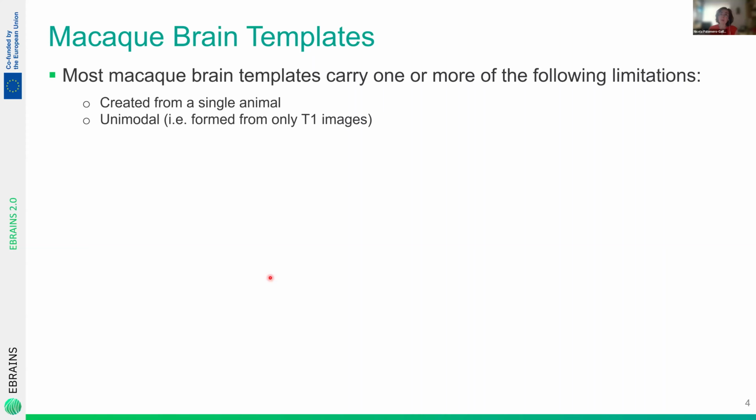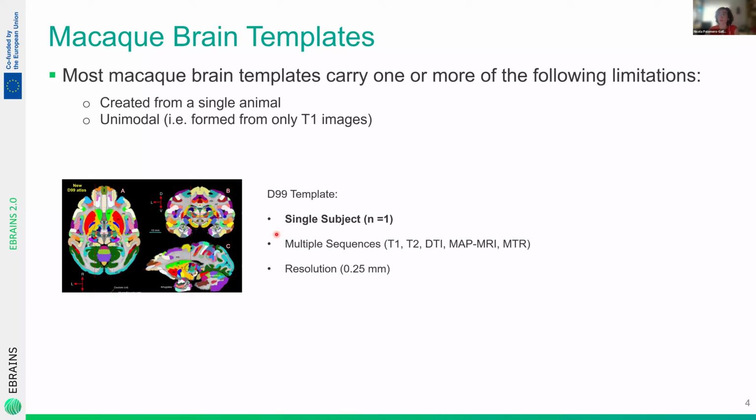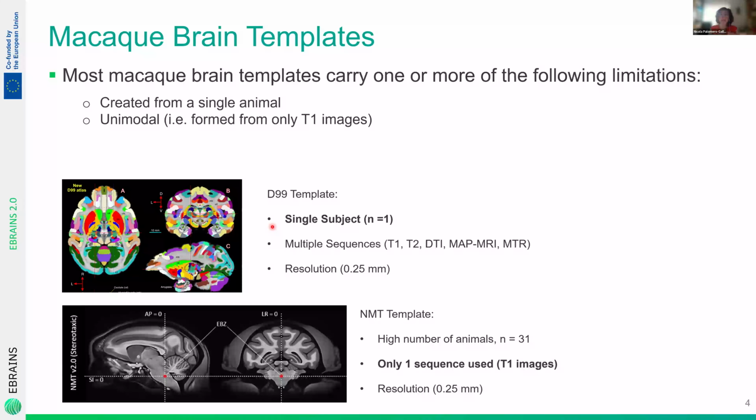But even the modern atlases, the ones that are now three-dimensional, show limitations because they're based either on a single subject, as in the example of the D99 atlas, so they don't reveal structural variation across individuals. And other atlases, such as the NMT template, have been created using only one modality.